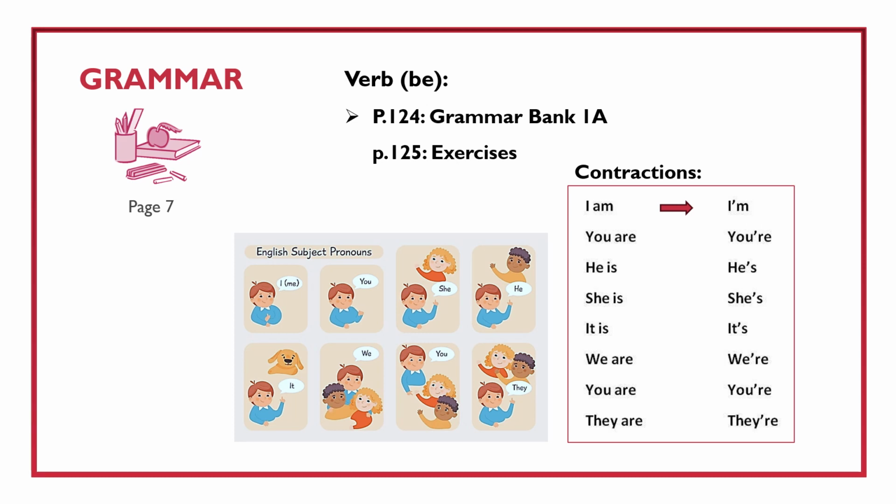Now, if you look at my slide, on the left side, you can see contractions. So what are contractions? They are the short forms of pronouns with verbs. For example, instead of saying I am, you can say I'm. That's the short form, or the contraction. Remember that we use contractions in informal situations and mostly in spoken English.